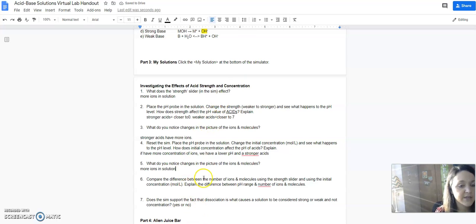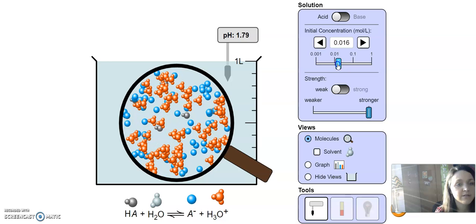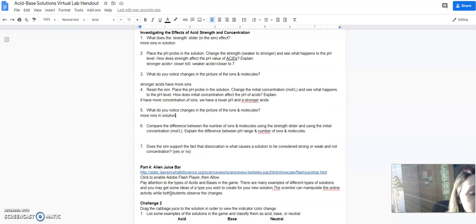So it says compare the difference between the number of ions and molecules using the strength slider. Explain the difference between the pH and the number of ions. So when we have more ions, we have a lower pH. We have less ions, we have a higher pH. It also says to do this using the initial concentration.